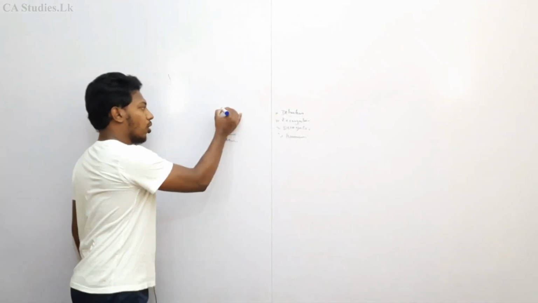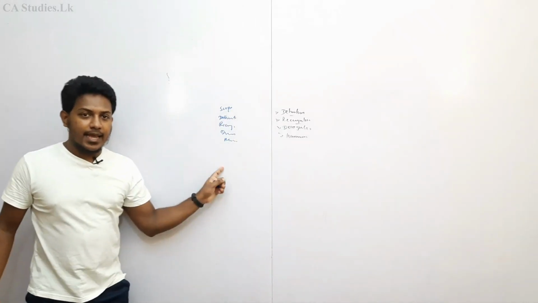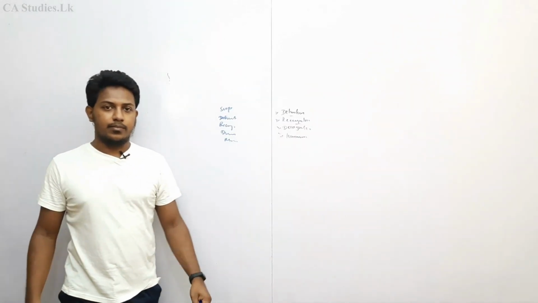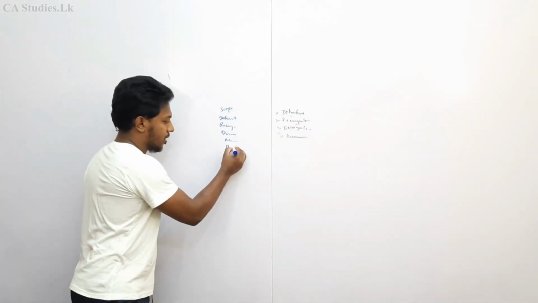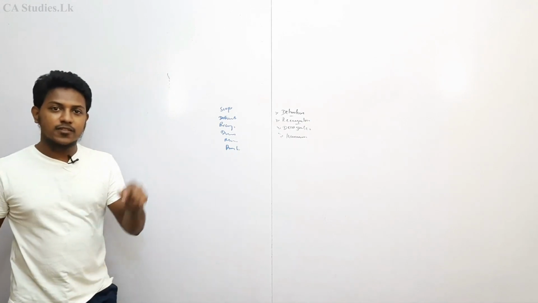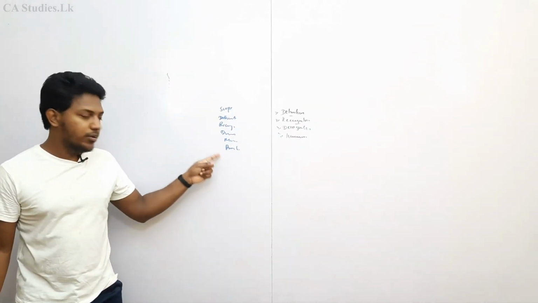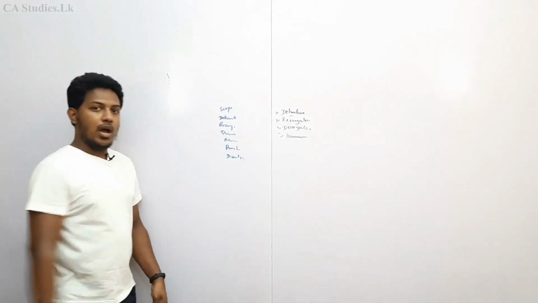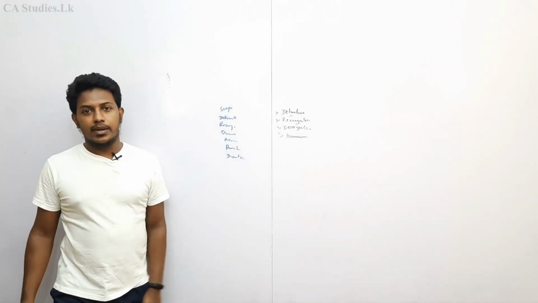That is scope. Scope means to what extent the standard is to be applied, the boundary of that standard. Then presentation, how we have to present this financial statement item in the financial statements. Final one is disclosure, how we have to disclose about this financial statement item.